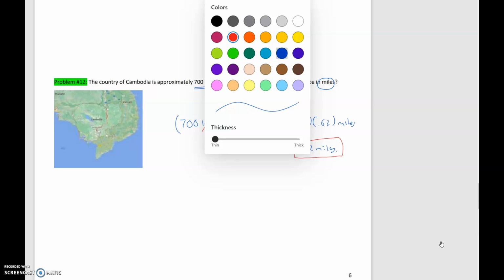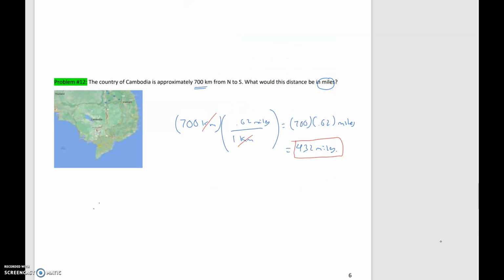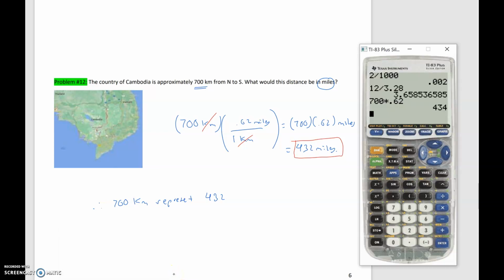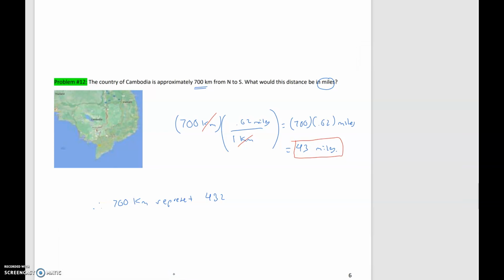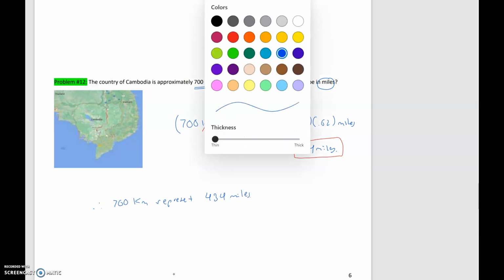Okay, so let me write it as, in this case, 700 kilometers represent 432. Wait, let me double check. It was 434. So sorry, this would be a 4. And it'll be miles.